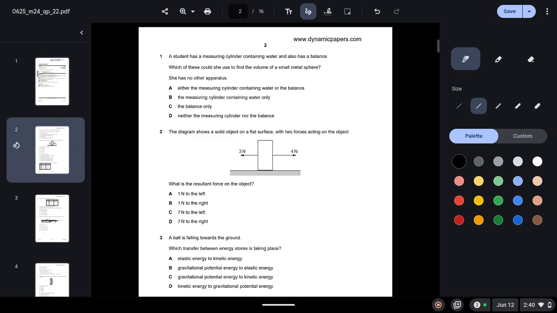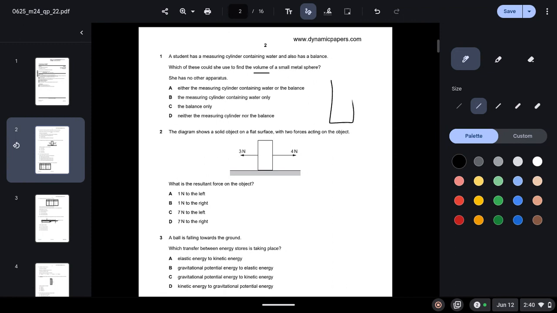Question 1. A student has a measuring cylinder containing water and also has a balance. Which of these could she use to find the volume of a small metal sphere? She has no other apparatus. So she has to find the volume and she has a measuring cylinder and a balance.